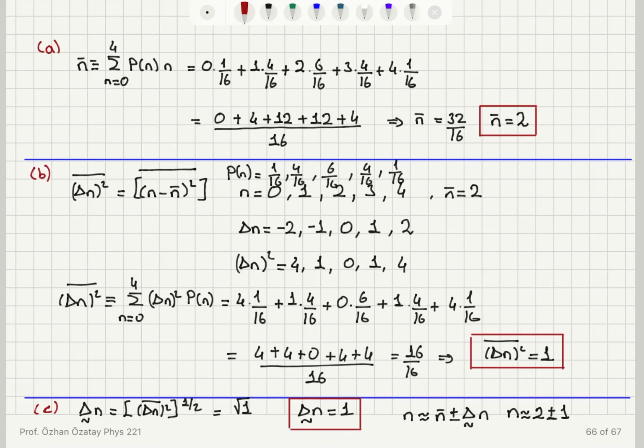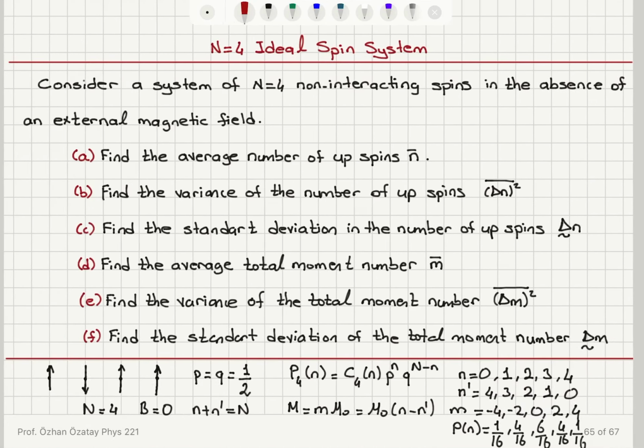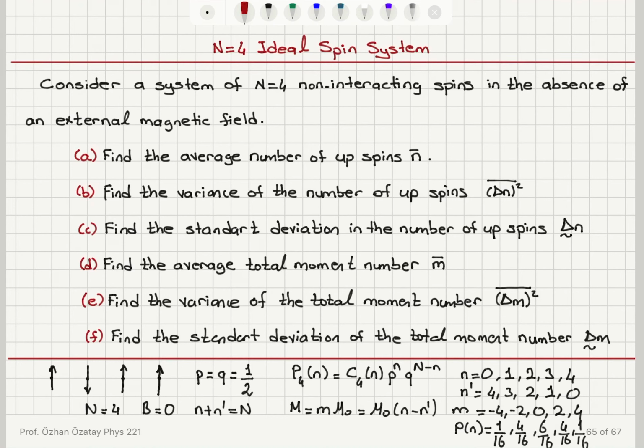And that means the possible values of n will lie in a range between 1 and 3. Most of them will be in this range, 2 plus or minus 1. And once again, that's not the complete statistical description. The complete description is given by these numbers here.